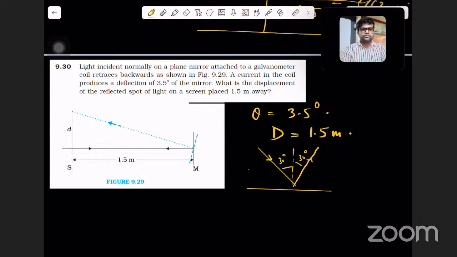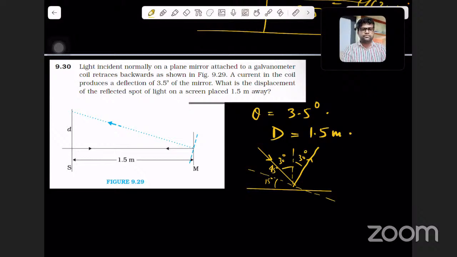Now, if I turn the mirror by, let's say, 15 degrees, this initially was 90 minus 60, so this will be 45 degrees.